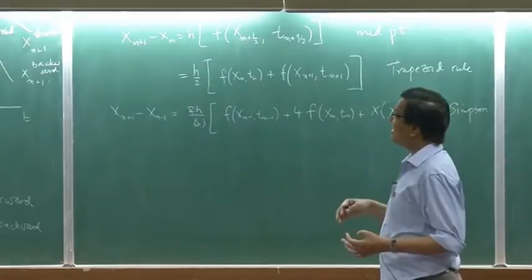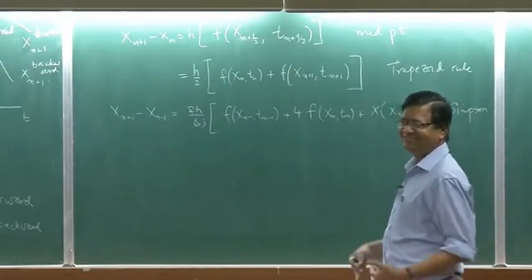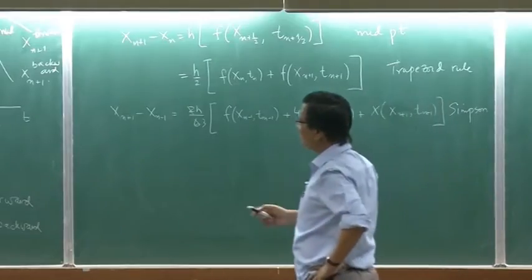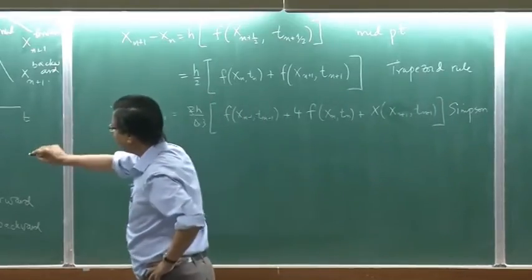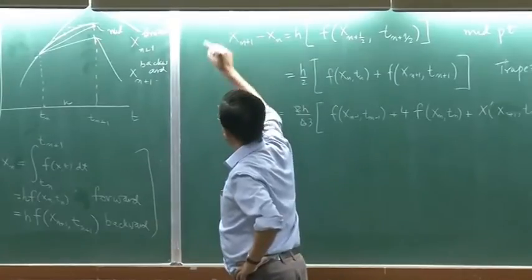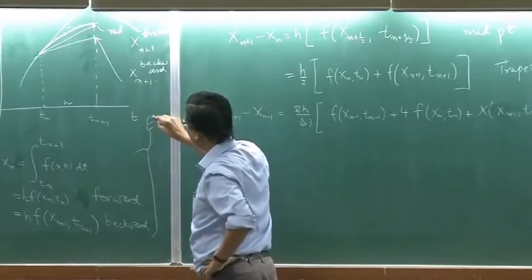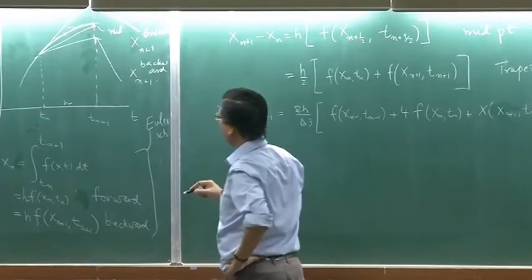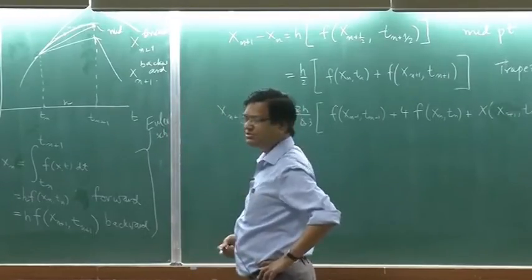Now, these are all nice, you can start coding them and trying to solve. This scheme is called the Euler scheme, the famous mathematician Euler.